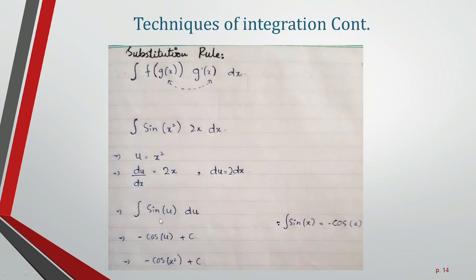The integration of sin u is minus cos u. Substituting the value of u in minus cos u plus c gives minus cos x squared plus c, which is the integration of sin x squared times 2x dx.